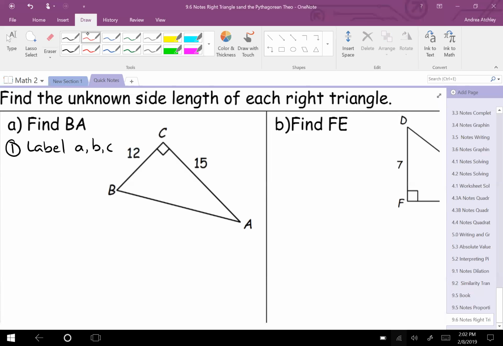A is always the shortest leg. So this is the shortest side, so that's going to be the A value. B is the longer leg, and C is always the hypotenuse. So we're just going to plug this into the Pythagorean theorem. A squared plus B squared equals C squared.